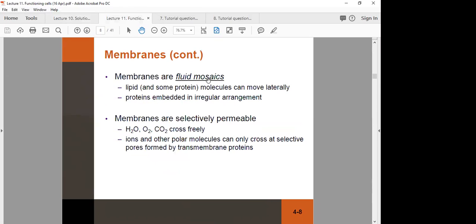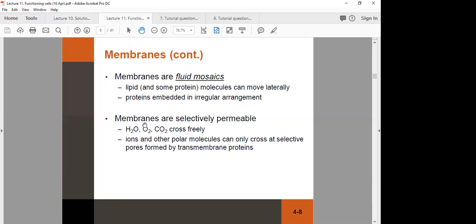So that's the mosaic part. Membranes are said to be fluid because the lipids within the membrane and some of the protein molecules can actually move laterally. So a membrane isn't just a fixed structure. It has quite a fair bit of fluidity about it.